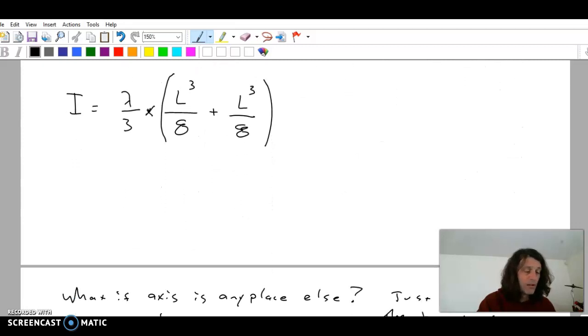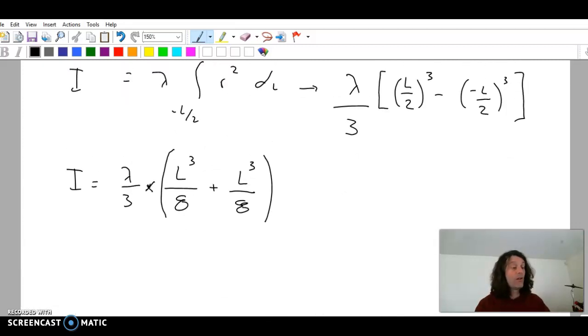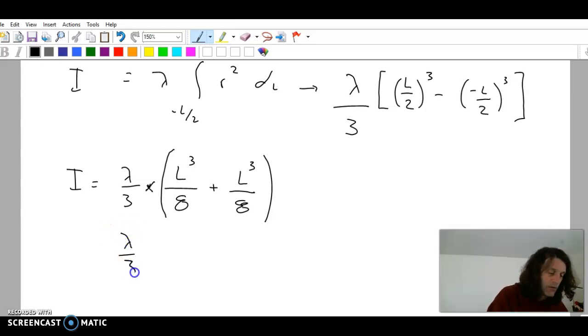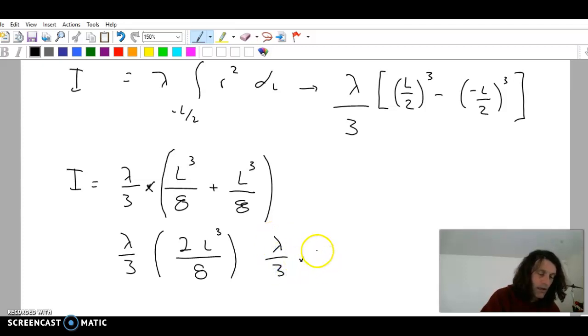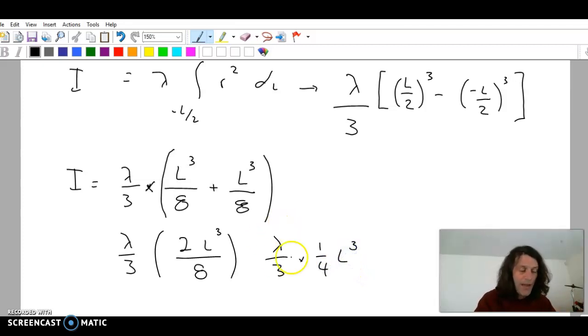Okay, let me go ahead and finish this up then. So this becomes lambda over 3 times 2L to the third over 8. I'm going to call that 1/4. So this will be lambda over 3 times 1/4 L to the third. Now, remember, what can we do with that lambda?